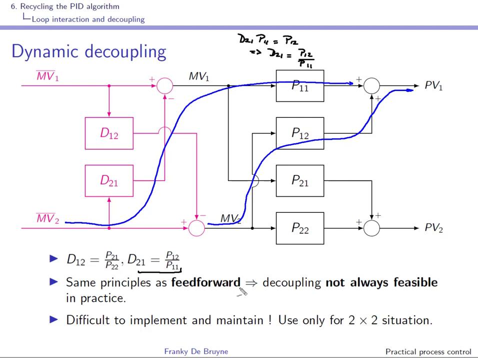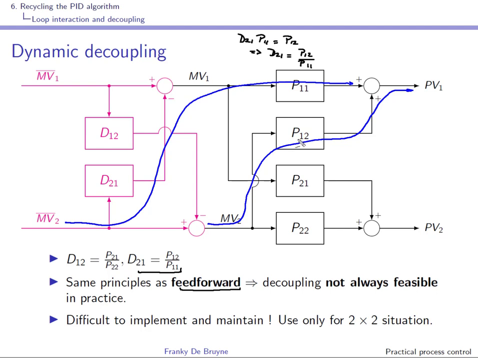As with feed forward, it is not always possible to implement a theoretical perfect decoupling, and if you remember the ideas from feed forward, you should remember that there could be delay problems. Imagine here that the delay in P11 is higher than the delay in P12, then the decoupling will not be perfect.